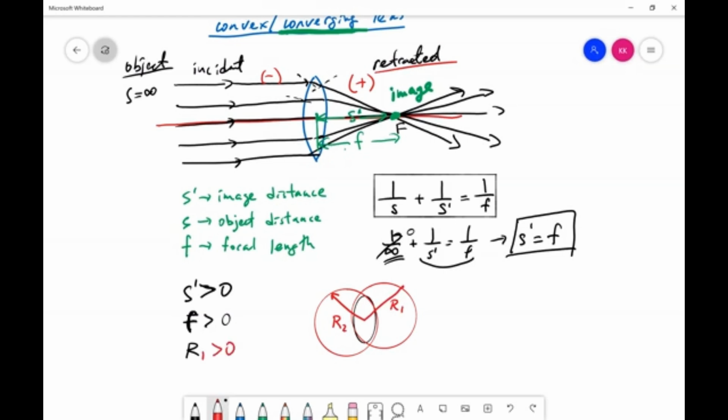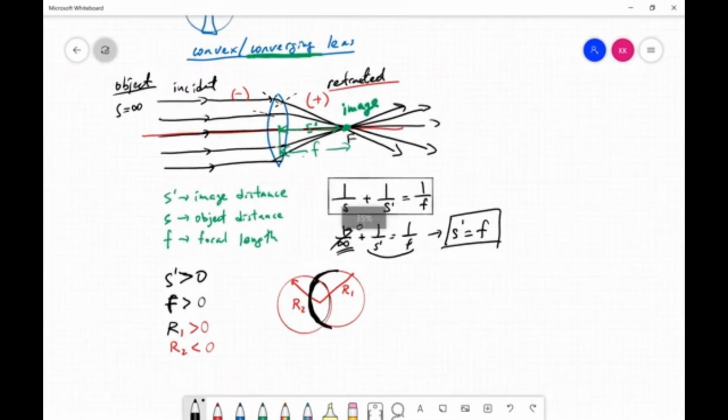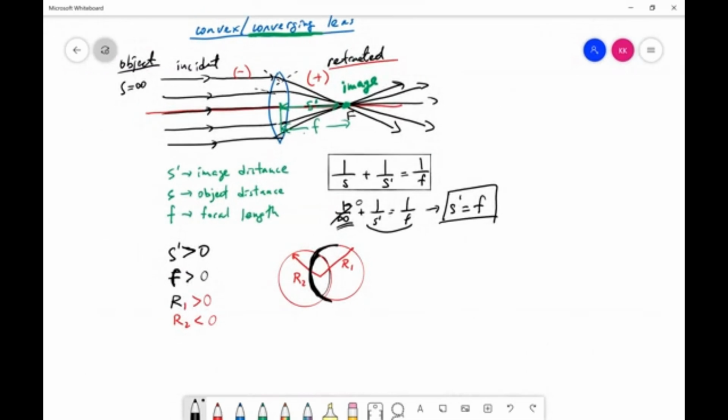Radius 1 is positive, radius 2 here is negative. The one that is positive is the one that interacts with light first. So this sphere interacts with the light first, and you take that to be radius 1, and it's positive.